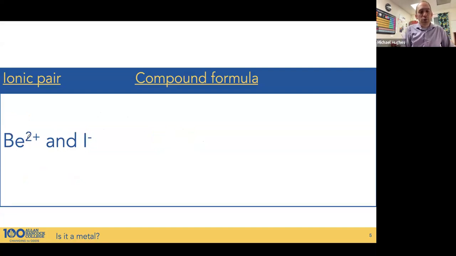So beryllium 2 plus and iodide 1 minus. So we're going to need another I minus to have 2 plus for the cations and 2 minus so that the charges sum to zero. So BeI2.